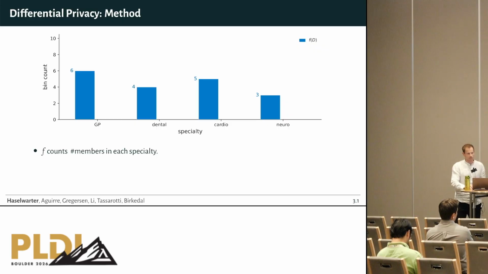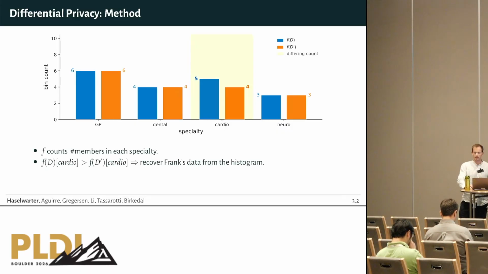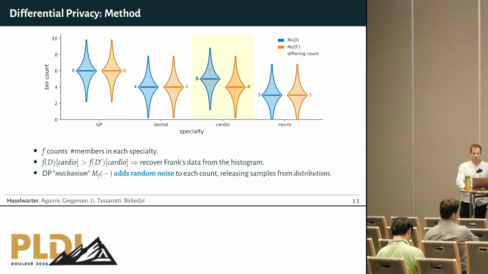And so if we just look at counting queries, we can compute a histogram over the data set. And if we compare f on d to f on d prime, we immediately see that in the cardio category, the counts differ. So we can immediately recover Frank's data from this. So this is not very private.